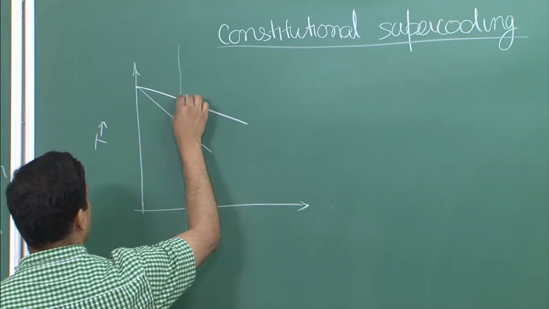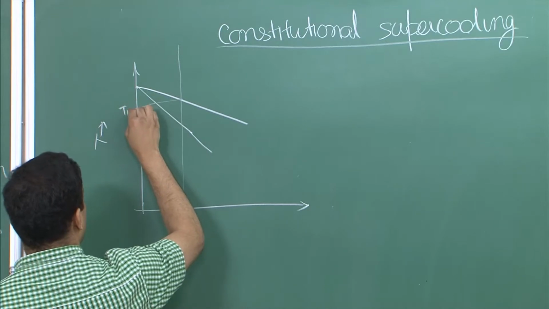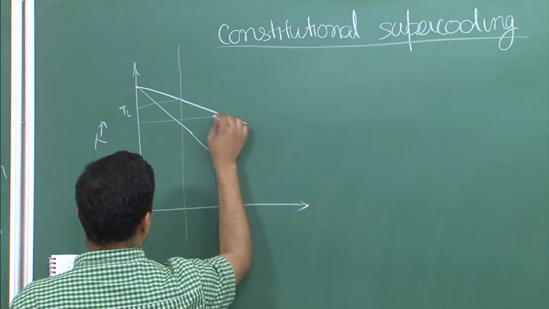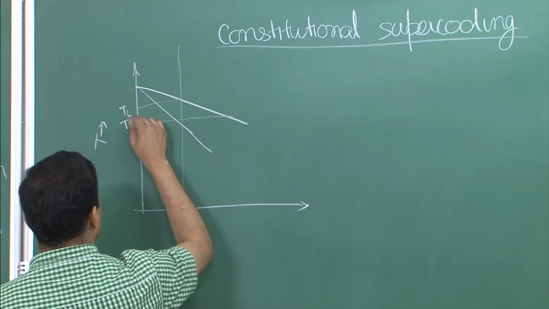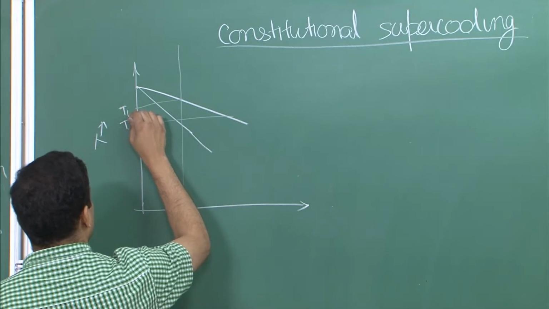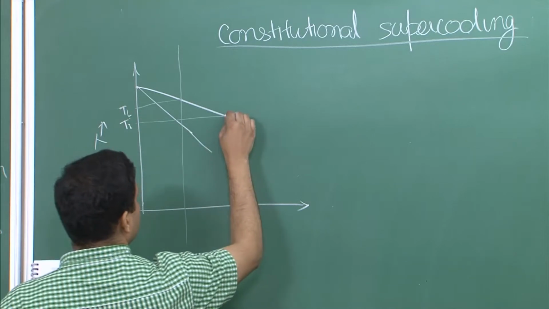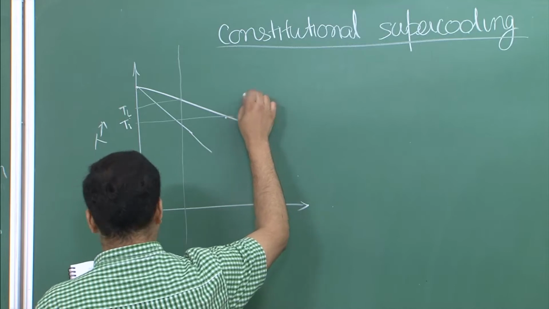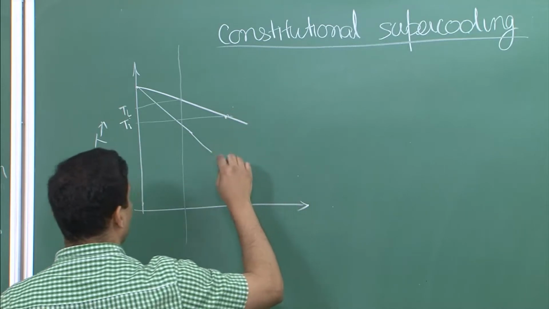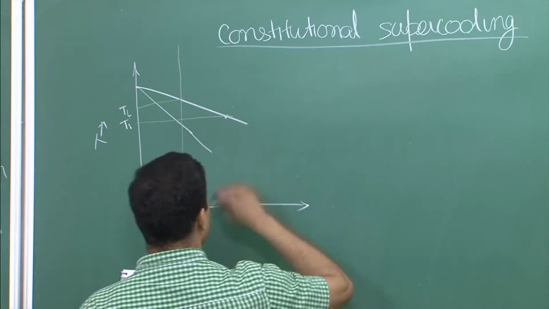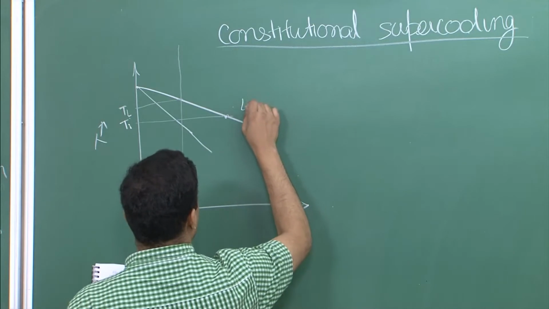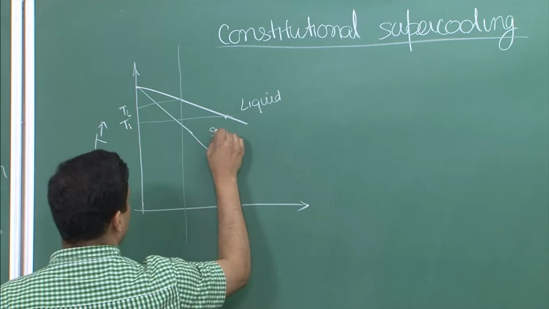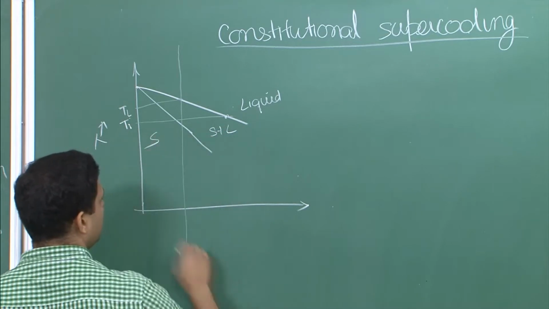So this is the liquidus temperature TL, and somewhere let us say we are at some temperature T1, and this is the temperature of the liquidus at this particular condition, and here we have the liquid. This is a solid plus liquid region, this is a solid region.